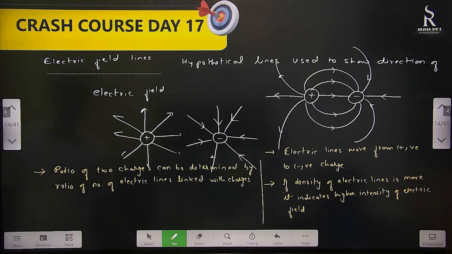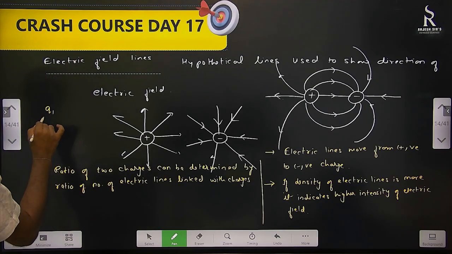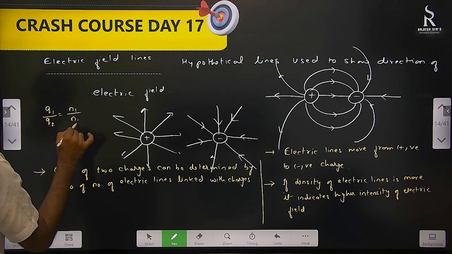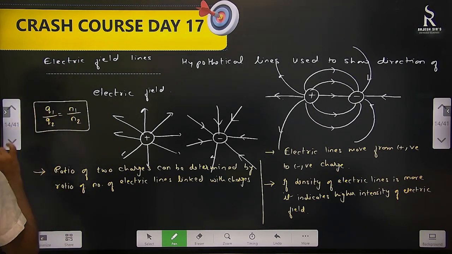That means Q1 by Q2 is equal to N1 by N2. N1 and N2 are the number of electric lines.